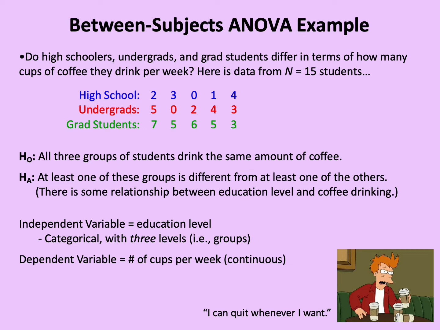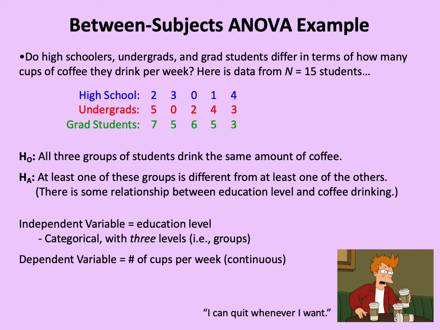Our total sample is comprised of 15 students, okay? Our independent variable is education level, and we have 3 different levels, which are categorical, right? High school, undergrad, grad school. And then we have number of cups of coffee per week, which is quantitative or continuous, right?